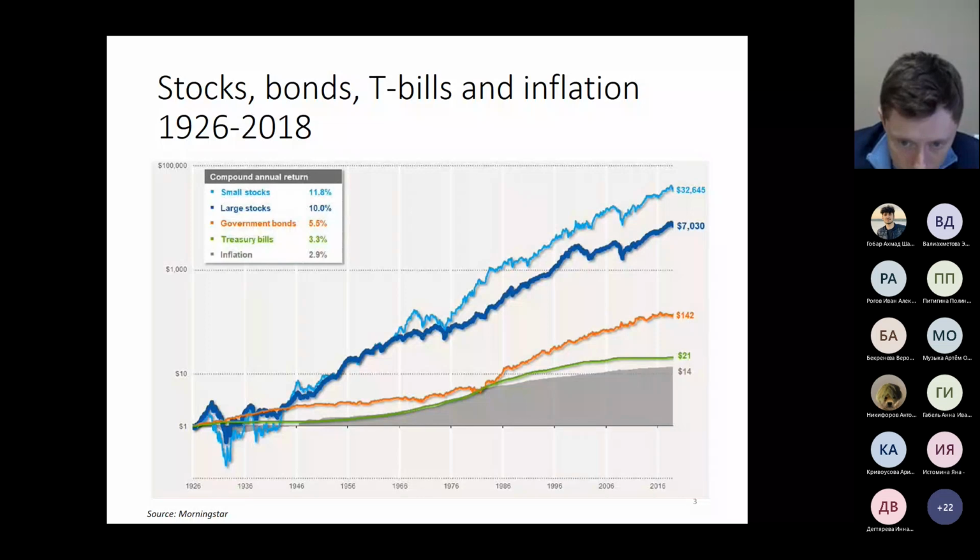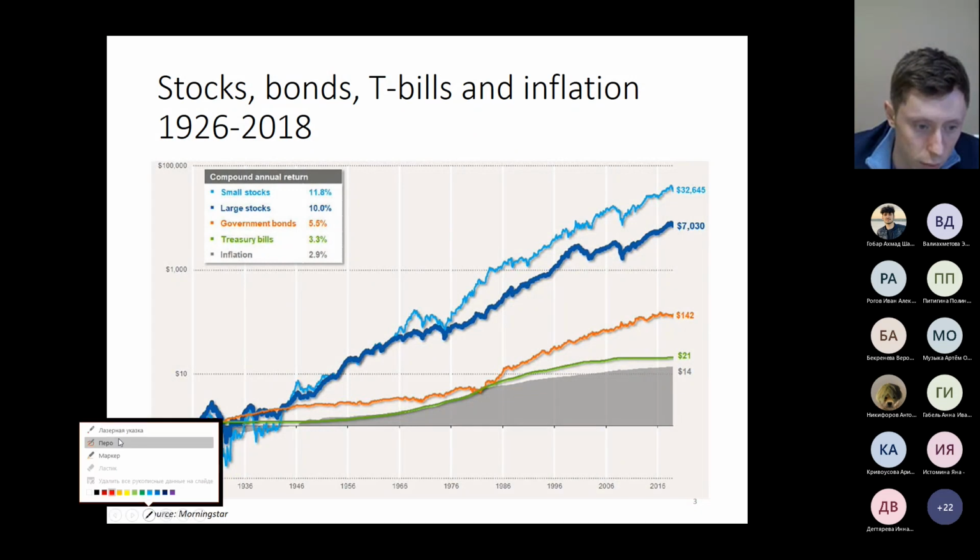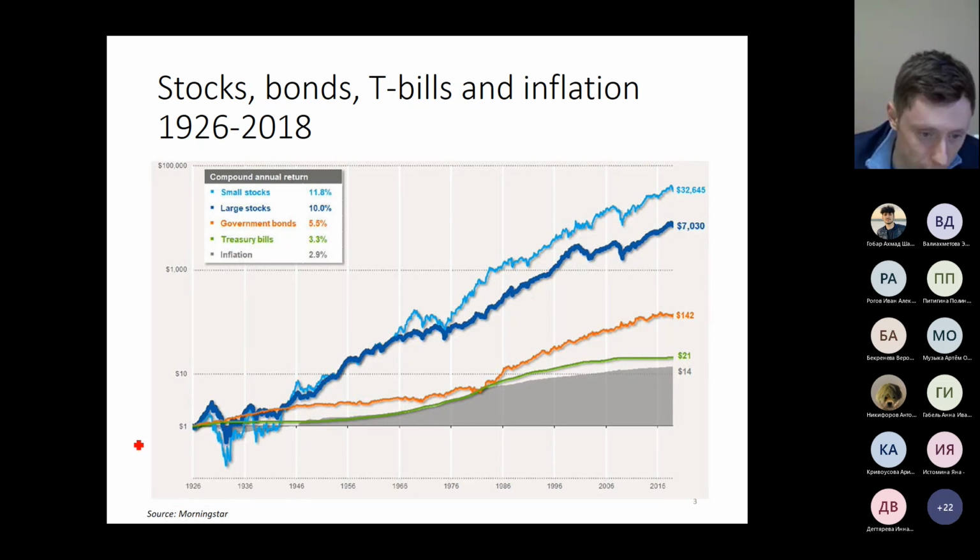But actually, it is not the case. Let's consider, for example, that not everyone has a 100-year investment horizon. Let's say we would invest somewhere in 1930, and we would need to take our money back somewhere in this period.